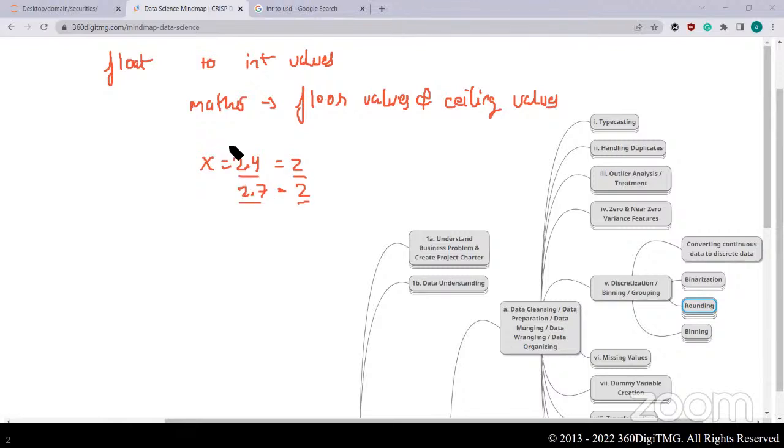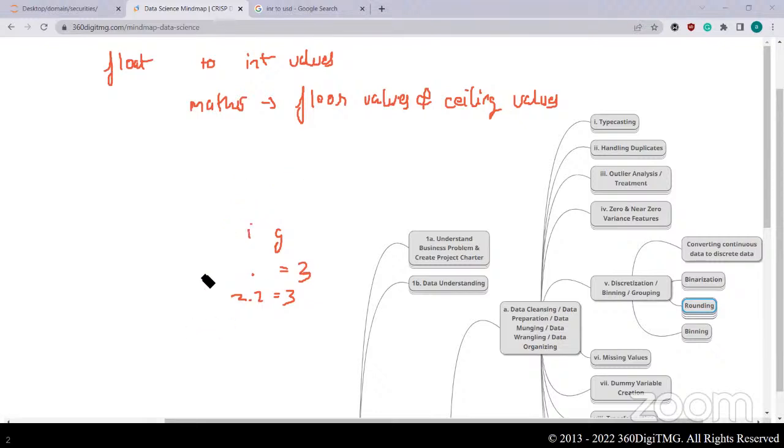Now, if you are taking the ceiling value and you have x equals 2.4, then this will become 3. 2.7, this will also become 3, if you have defined that you want to take the ceiling values. Okay. So floor and ceiling.